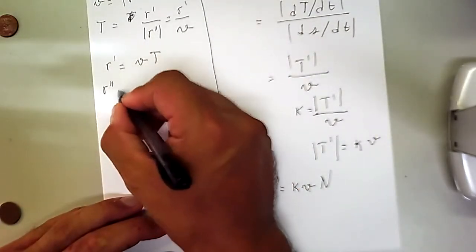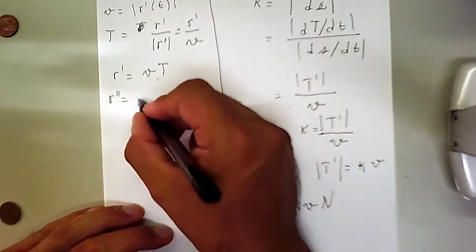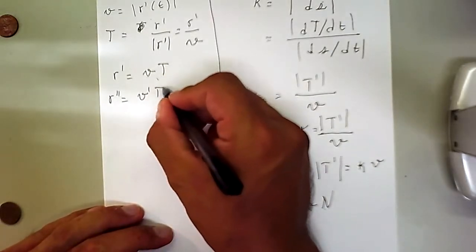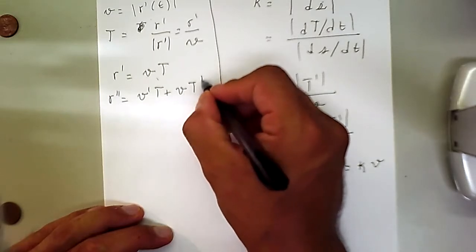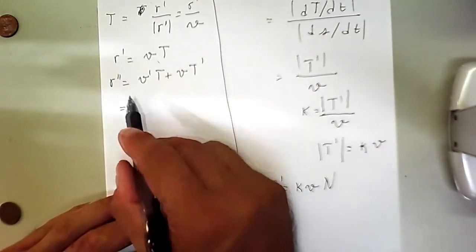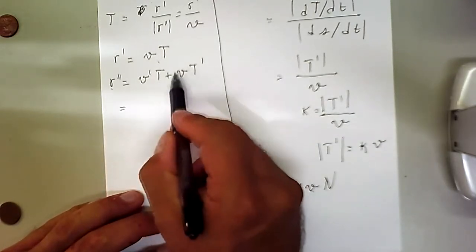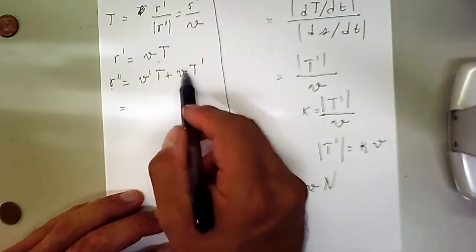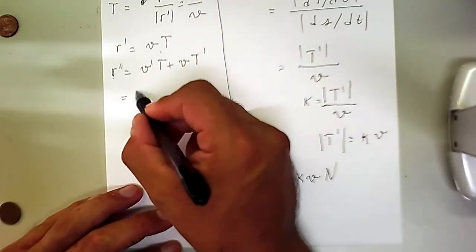R double prime, which is the acceleration, is found by using the product rule. So we have v prime T plus v T prime. Okay, so we have written the acceleration in terms of T and something else, but we want to express this in terms of the normal vector.